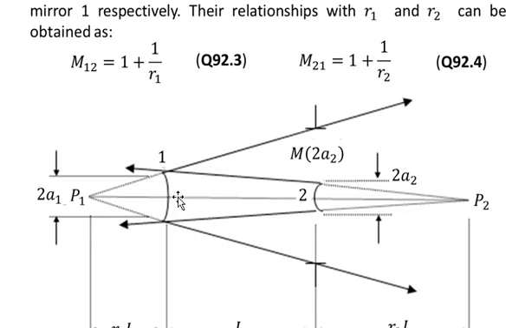The product of these two magnifications is capital M, and this is multiplied by 2A2, the diameter of mirror 2, so that you get the total width of the aperture, given by the quantity capital M times 2A2.